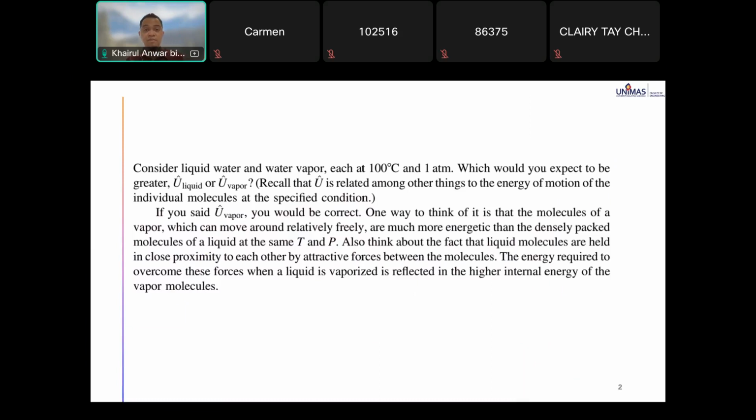We call U the internal energy, which is related, among other things, to the energy of motion of the individual molecules at the specified condition. If you said U vapor, you would be correct.